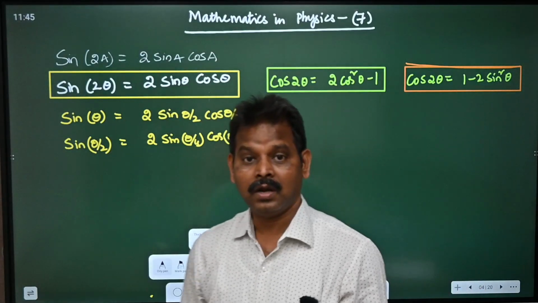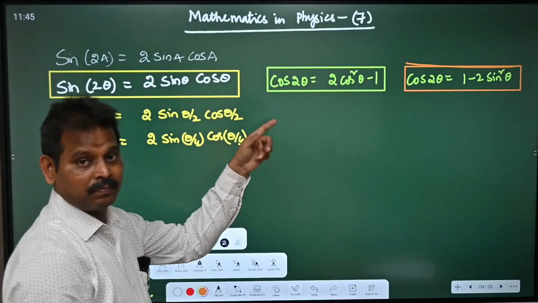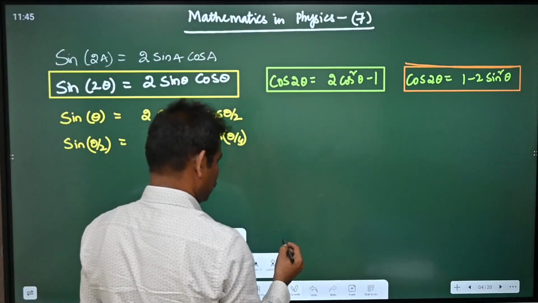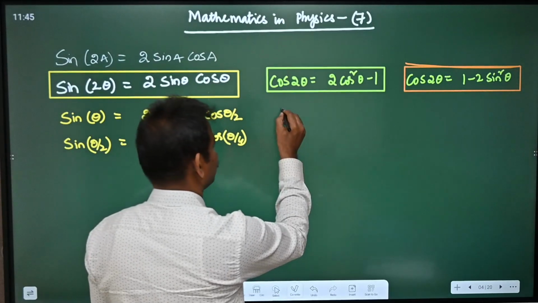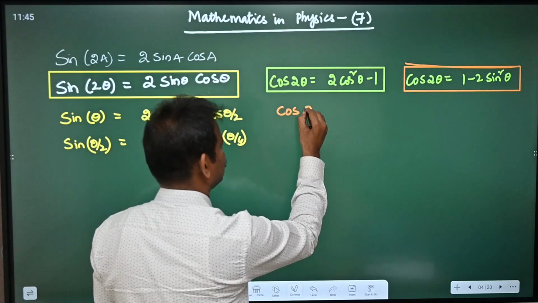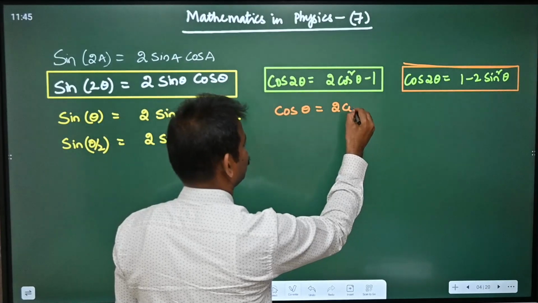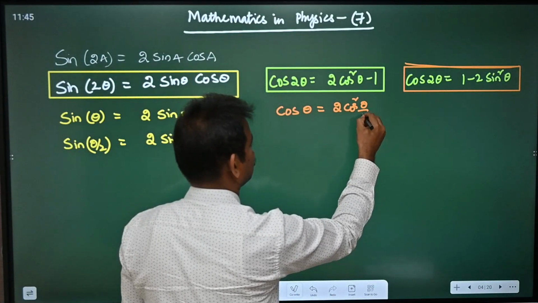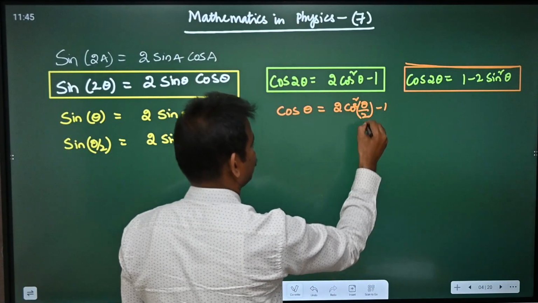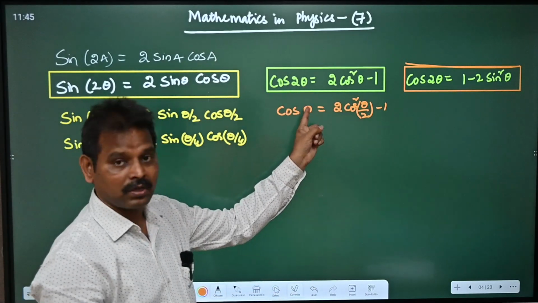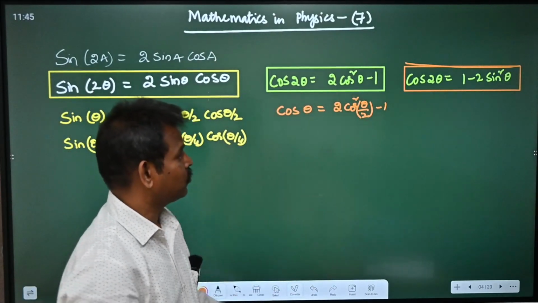Now, generally where we use this in physics we will see now. Before that, the other forms here: cos of theta can be written as 2 cos square theta by 2 minus 1, because as 2 theta reduced to theta, here theta reduced to theta by 2.